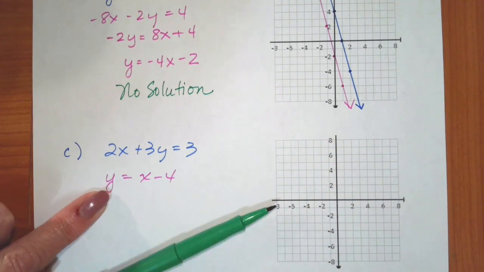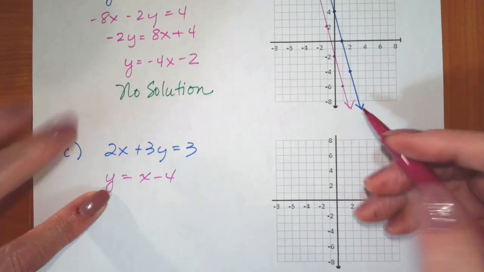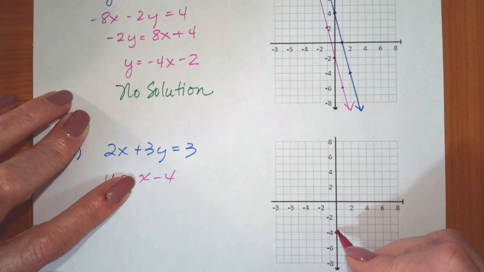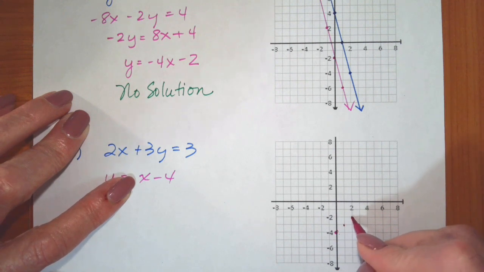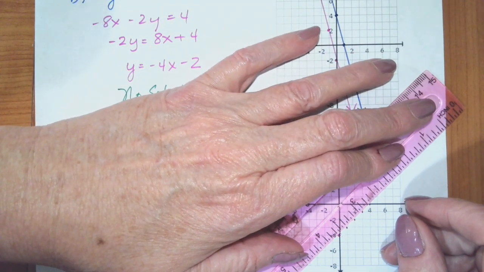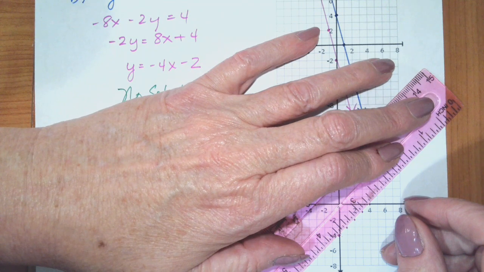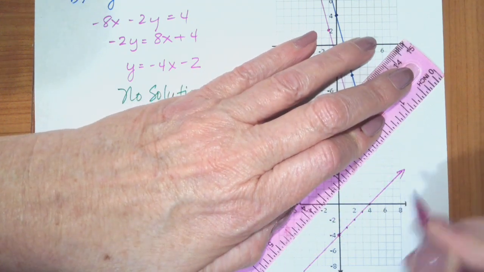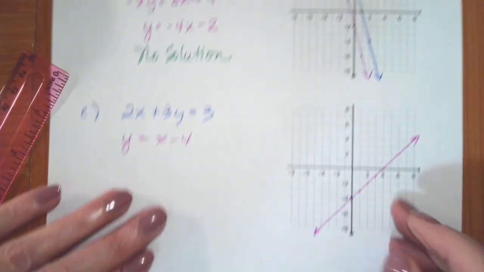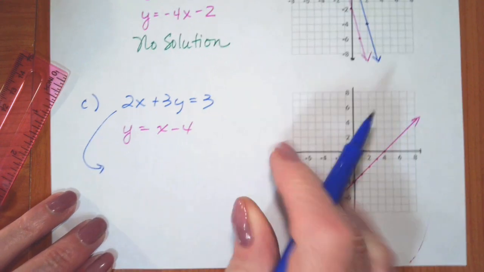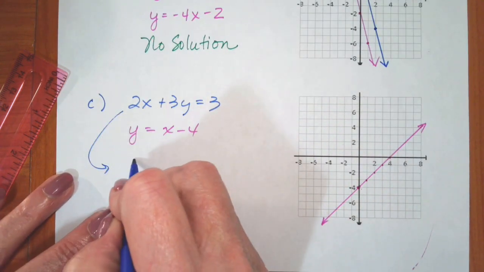Okay, this one, the one on the bottom, is in slope-intercept form. My y-intercept is negative 4, my slope is 1, up 1 over 1, and again I'm going to do this multiple times so I can get a nice pretty line. And if I connect my dots, there is my line. This one I'm going to have to put in slope-intercept form. So I'm going to subtract 2x from both sides.